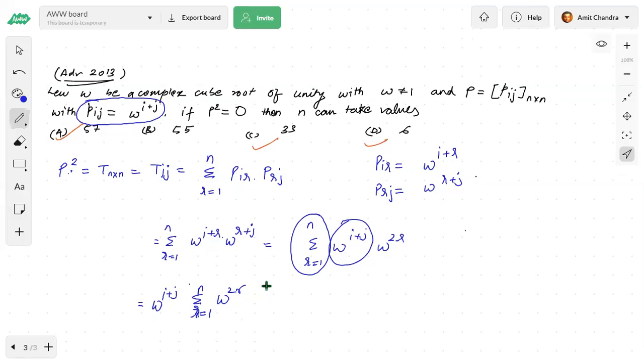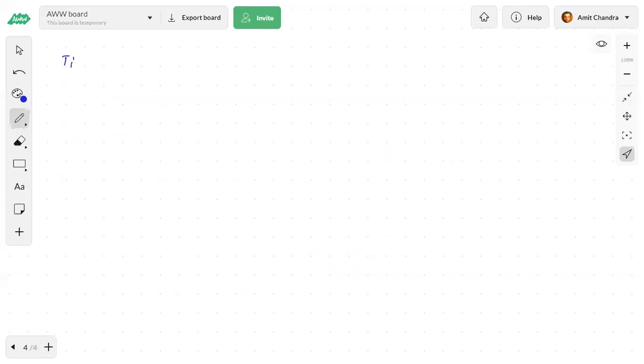So we get Tij, which we have written as multiplication of matrix, as omega to the power I plus J into sigma of R equals 1 to n omega 2R. So Tij, each element is omega to the power I plus J sigma of R equals 1 to n omega to the power 2R, right?